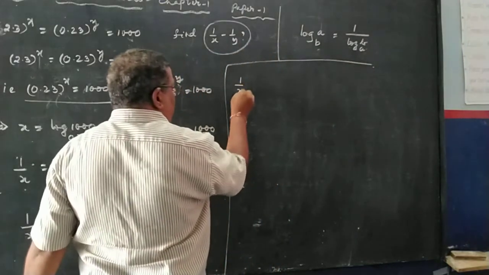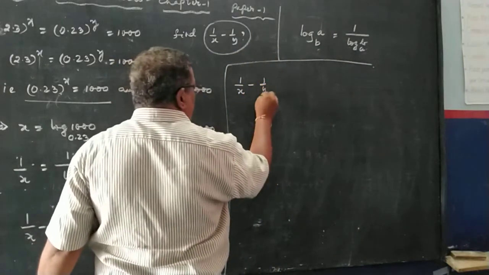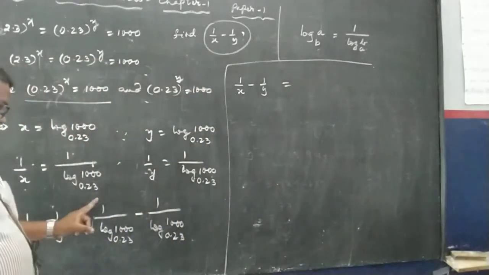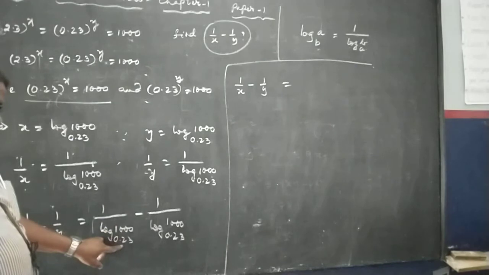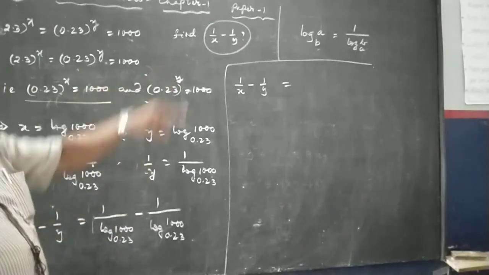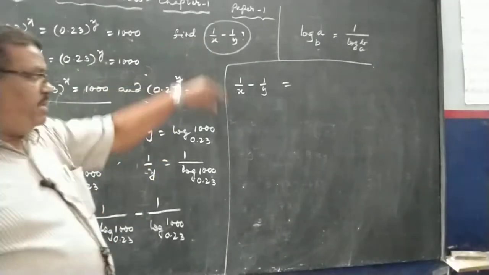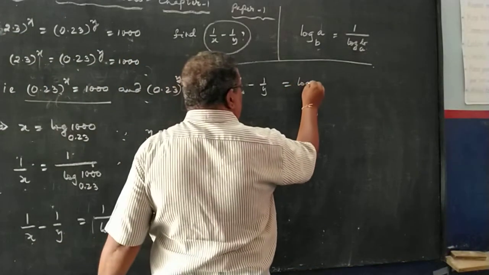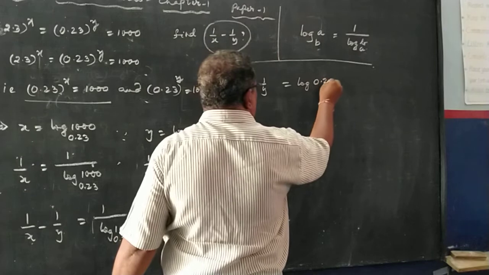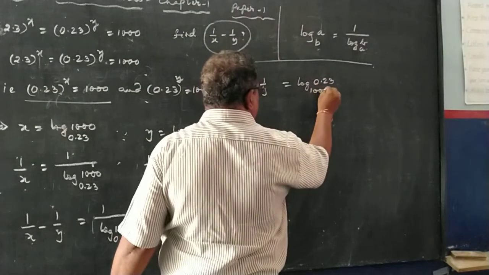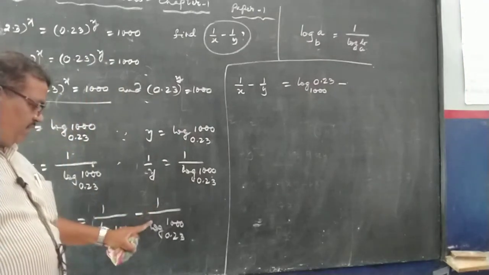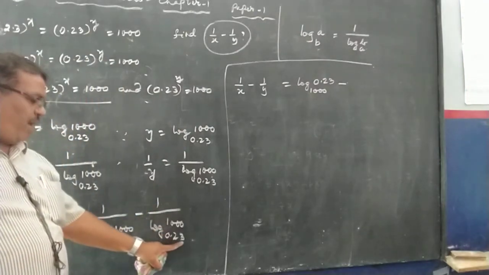That is, 1 by x minus 1 by y equals, let us see, 1 by log b base a can be written as log a base b, so 1 by x can be written as log 2.3 base 1000 minus 1 by y, which is 1 by log 1000 base 0.23.